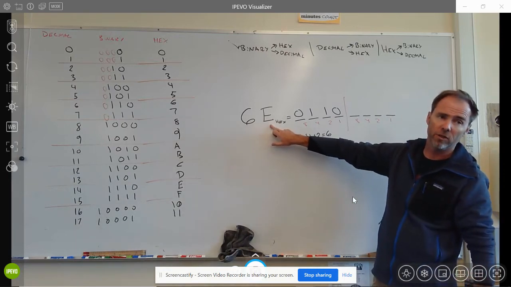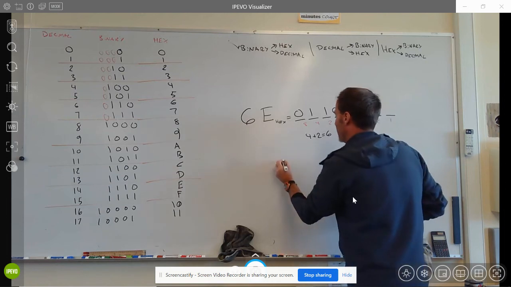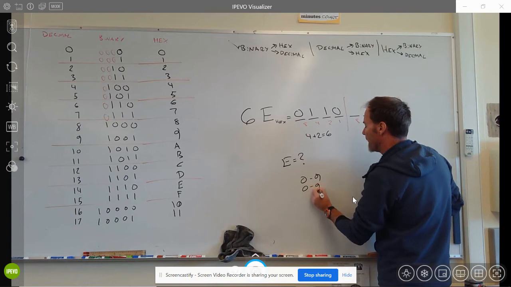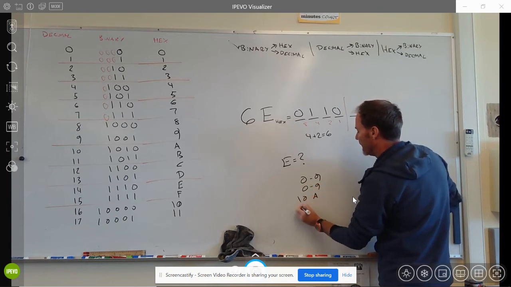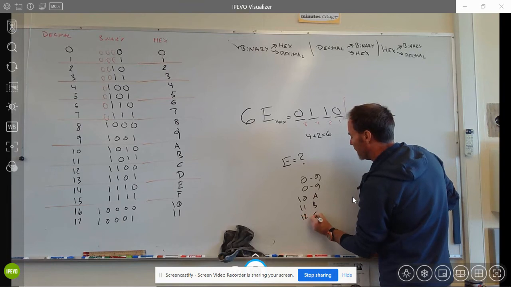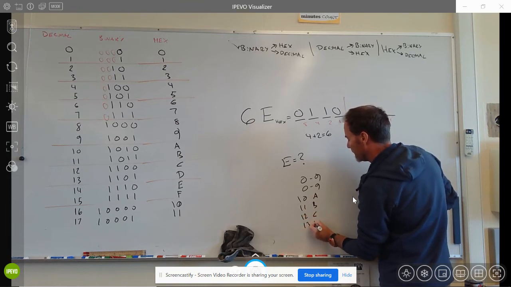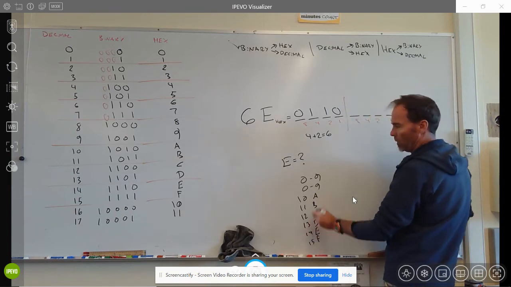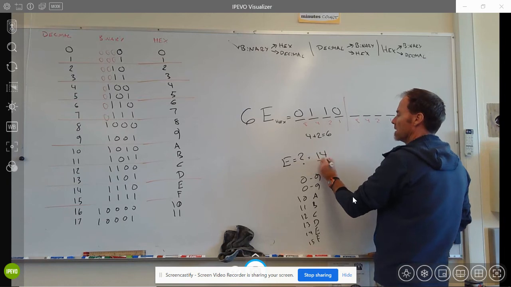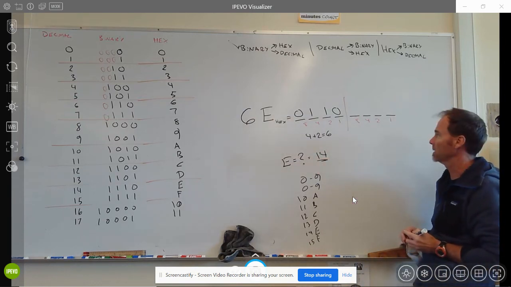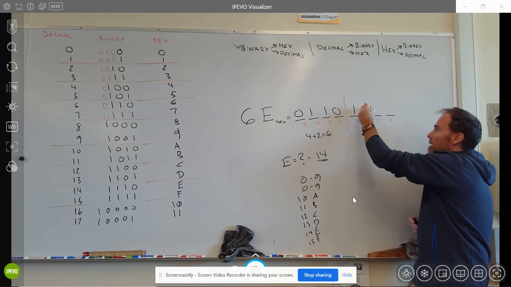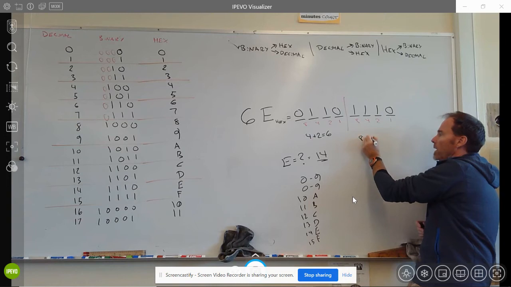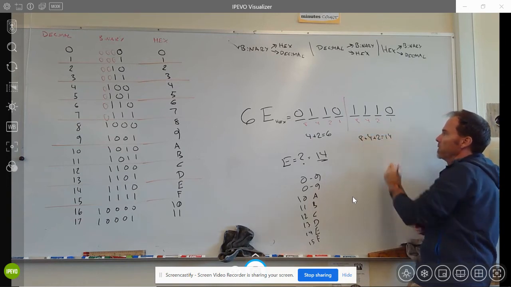Okay, so what do I do with the E? 0 to 9 is 0 to 9. 10 is A, 11 is B, 12 is C, 13 is D, 14 is E, 15 is F. So E is the same as 14 in our number system, right? 8, 9, 10, 11, 12, 13, 14. 8 plus 4 plus 2 is 14.